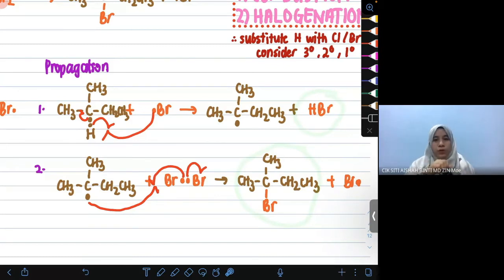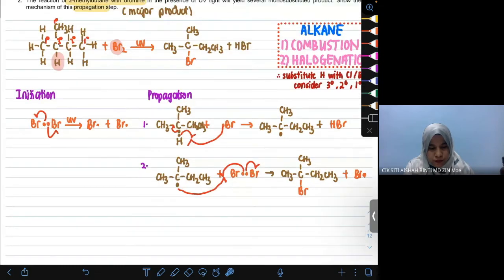Okay, so question 1 we discussed for alkene. The rest of the questions we will discuss alkene. Hopefully everything is okay so far. This is question number 2.